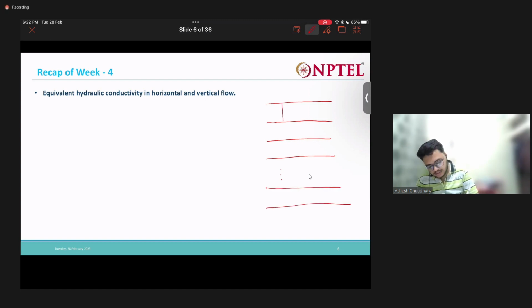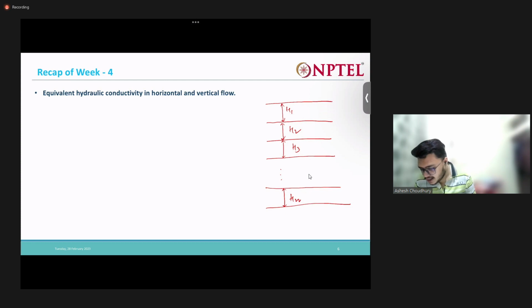So this is H1, H2, H3 and Hn, so the depths are different. And each of these layers has different k values in two directions.